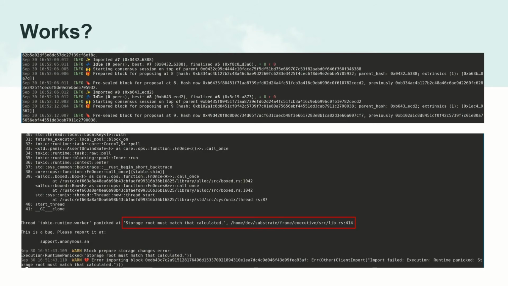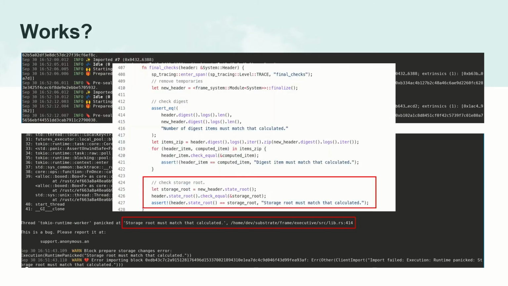And of course not. There is another problem. This time it says the storage root must match the calculated one. That's also related to block execution, because as you already know, there are two separate pipelines.